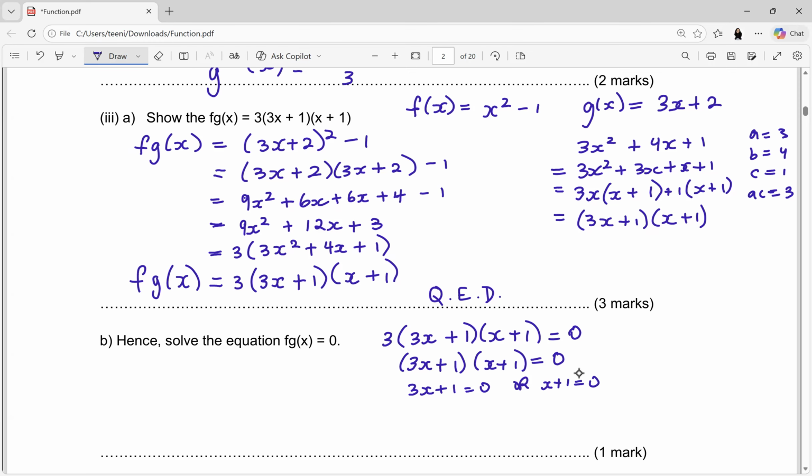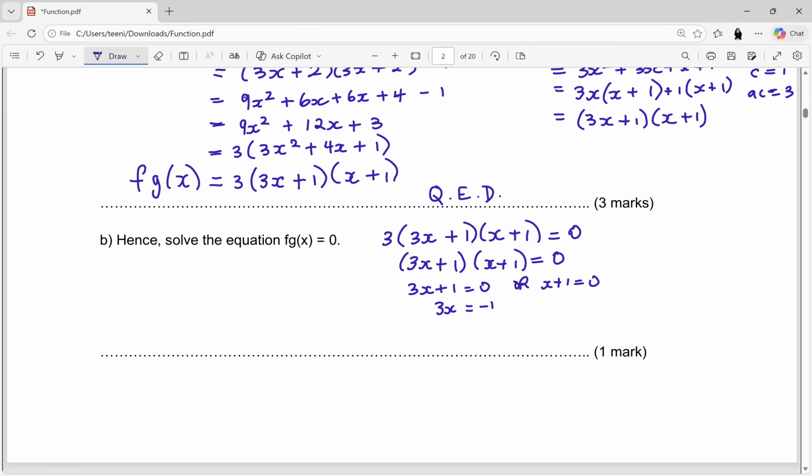And so this would mean 3x is equal to 0 minus 1, which is negative 1, which means that x is equal to negative 1/3 or x is equal to negative 1. So the solution to this quadratic equation will be x is equal to negative 1/3 and negative 1.